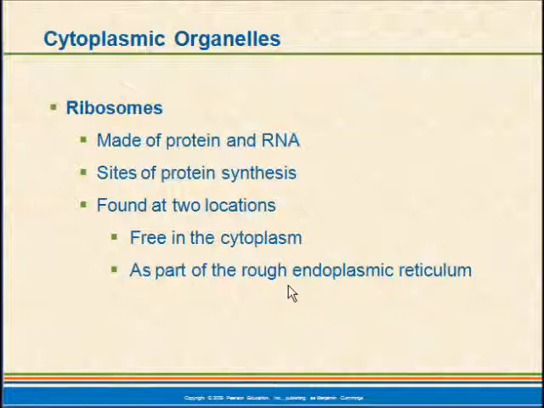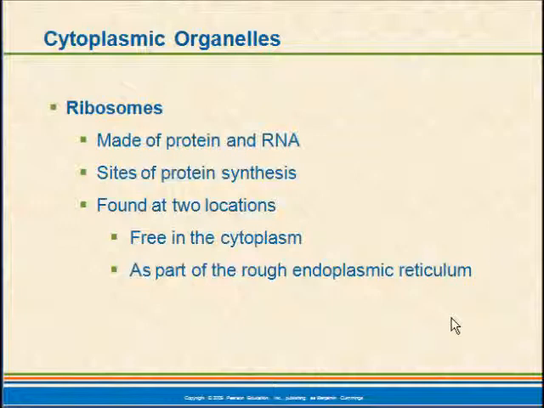So, in terms of maintaining internal structure, those that are free in the cytoplasm are making the proteins necessary for that. On the other hand, if I have a cold and I'm making a lot of mucus, that mucus is being made by ribosomes located on the rough endoplasmic reticulum.